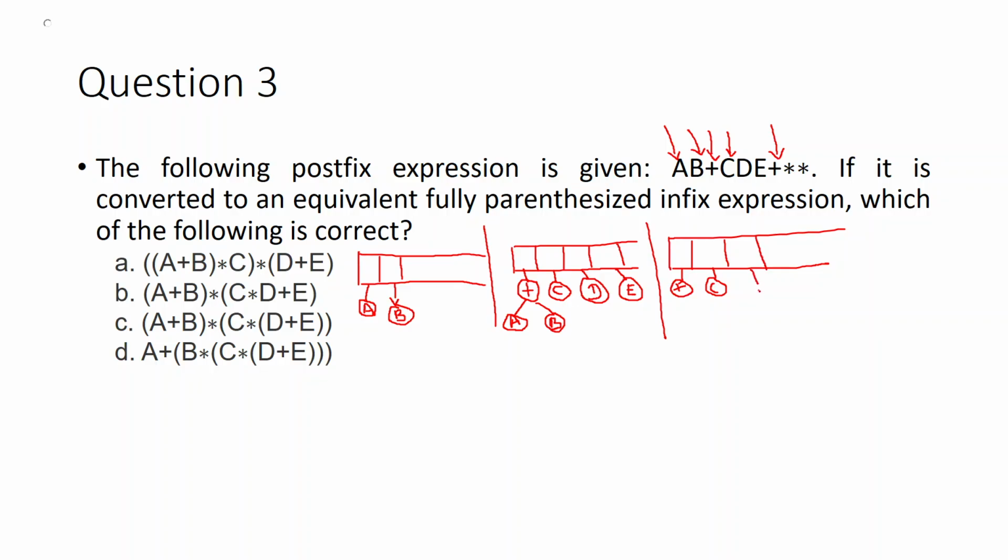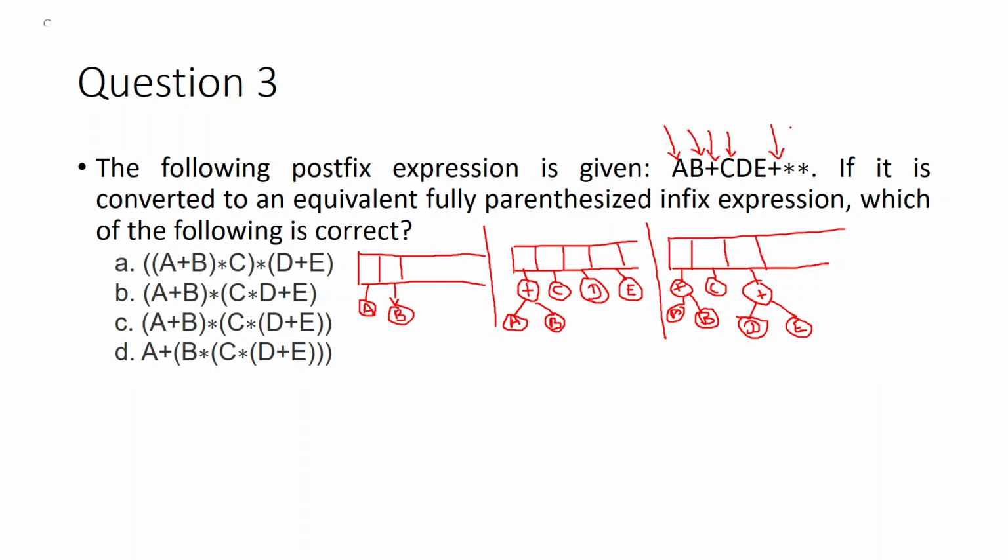Here the operator is plus, so we pop D and E. This plus already has two children, A and B.